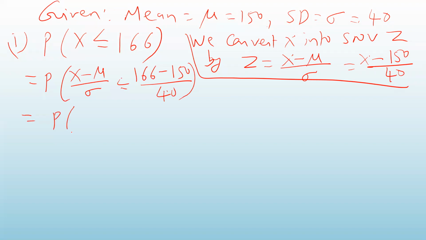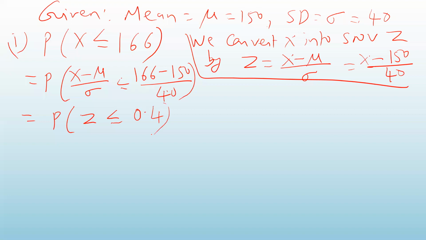So we have converted x into z. X minus mu upon sigma is your z. 166 minus 150 divided by 40 is 0.4.